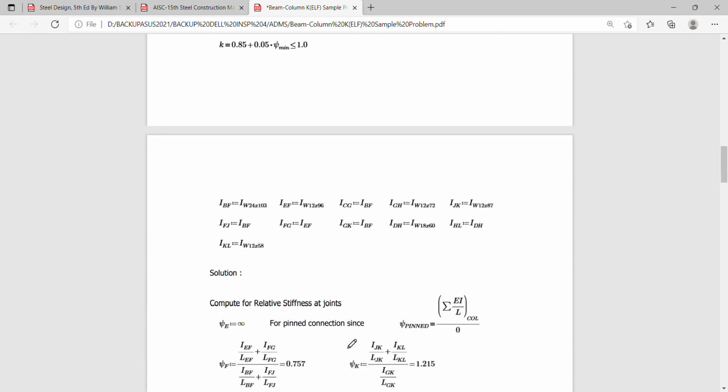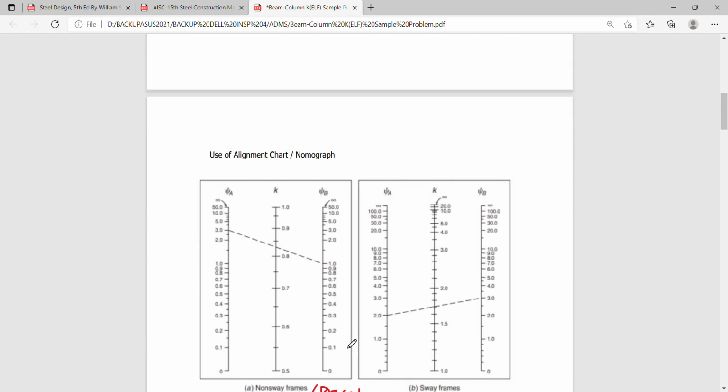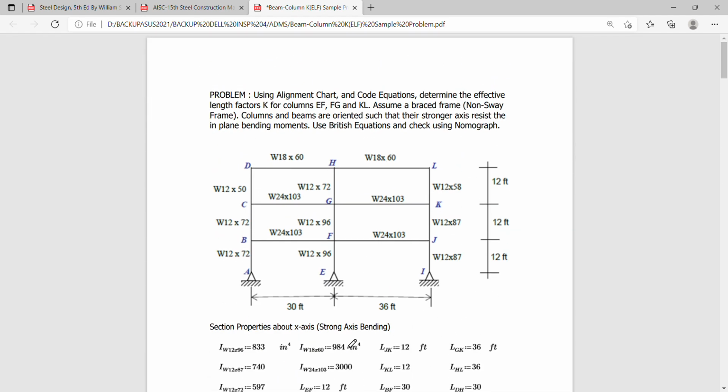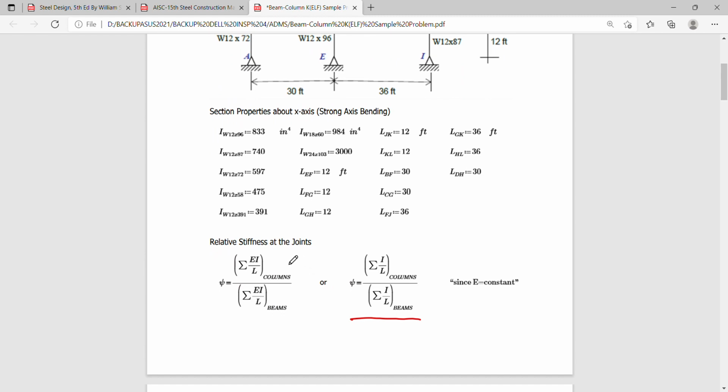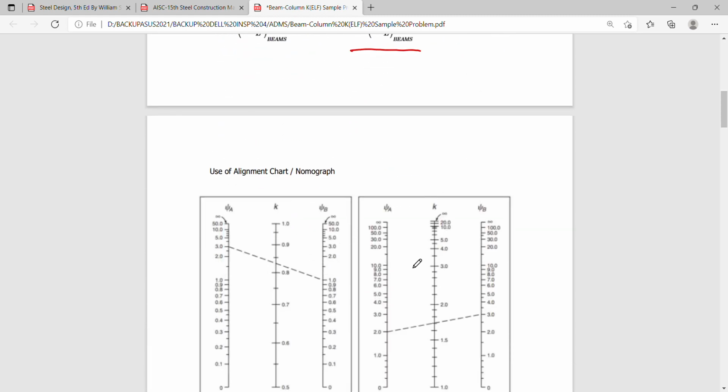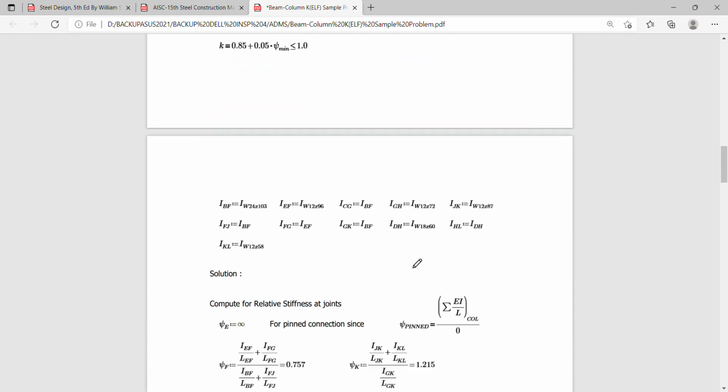So for the solution of this particular problem, the first step is to compute the relative stiffnesses given these properties of moment of inertia and length.